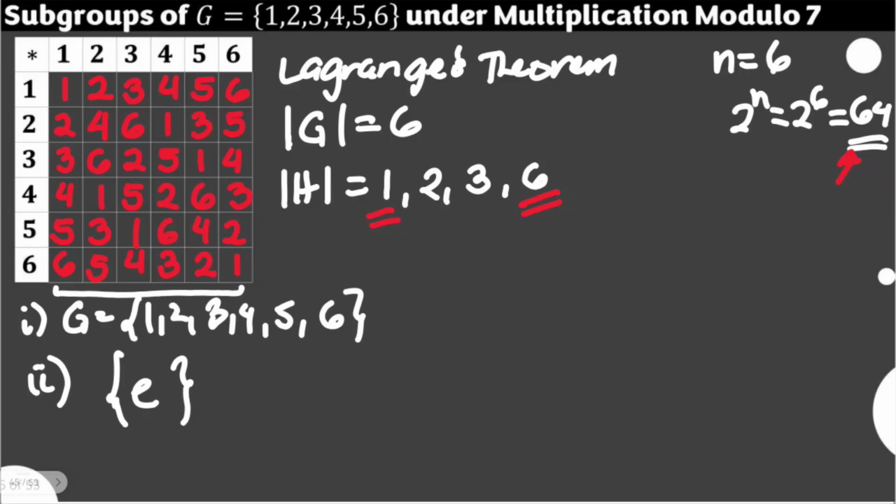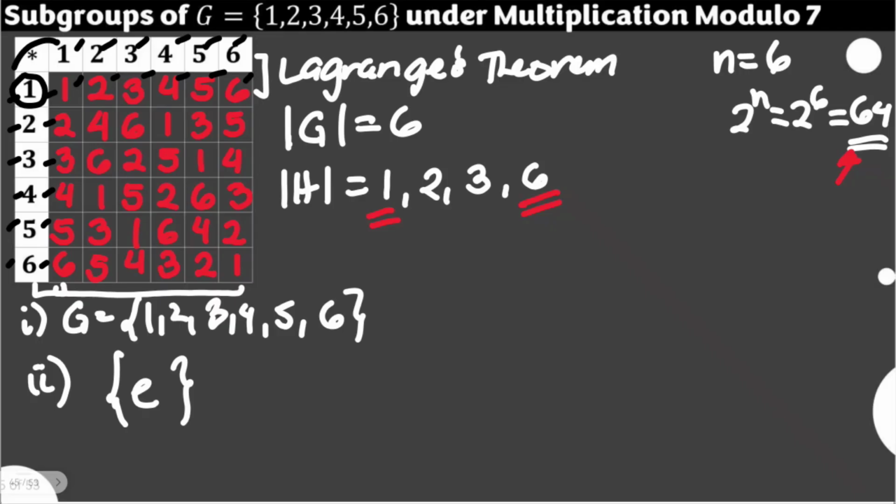We can identify the identity element in our Cayley table by looking into the row and column that do not change the value of the corresponding elements, stating that if we have 1, 2, 3, 4, 5, and 6, when we operate it with 1, you will still get the same results. Similarly, if you have 1, 2, 3, 4, 5, and 6, operating it with 1, we will have the same result. This would mean that our identity element is actually equal to 1.